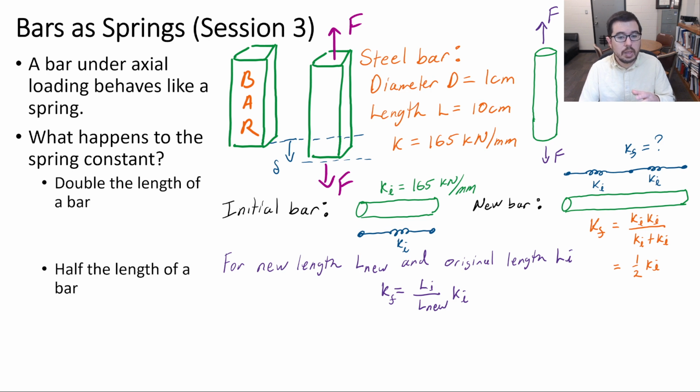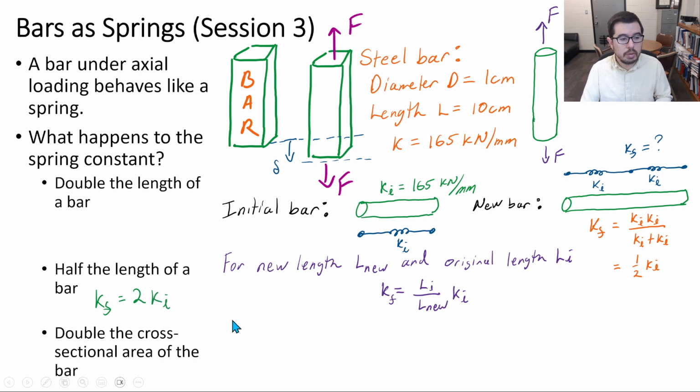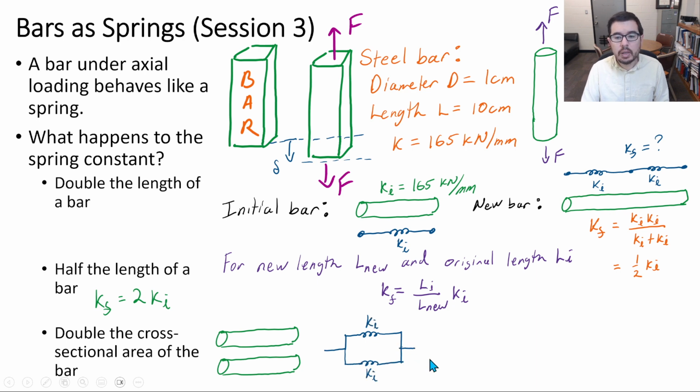Okay, so if we halve the length of the bar, the spring constant would double. If we double the cross-sectional area of the bar, that's kind of like putting a couple of these springs in parallel with each other, and that could also double the effective spring coefficient for this new bar with twice the cross-sectional area.